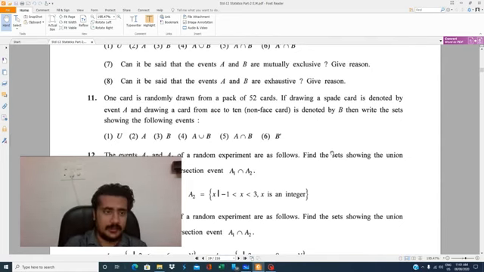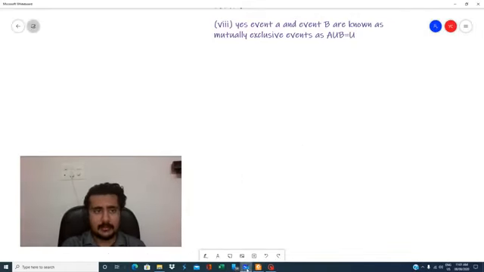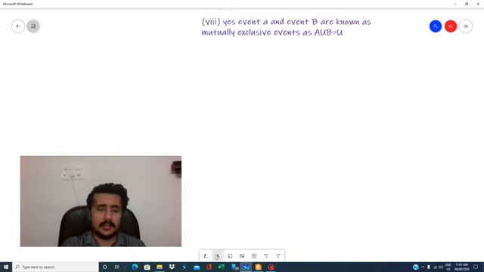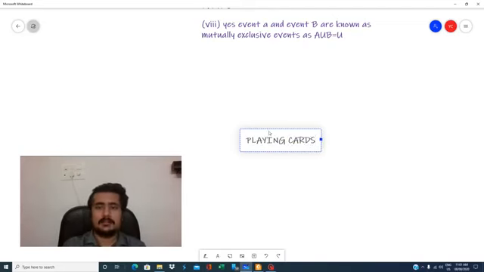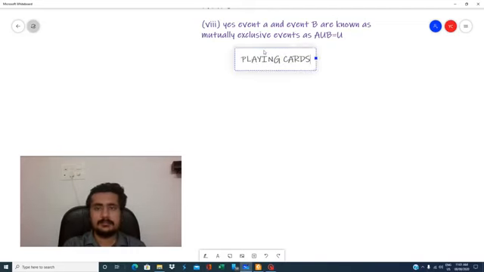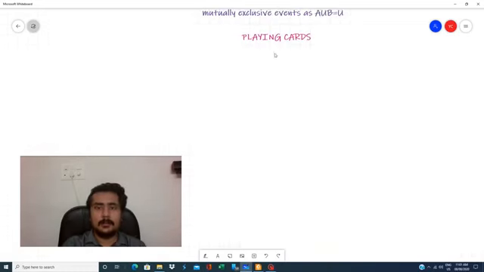So there is some information about cards. Okay, that is playing cards. Before starting this sum, I would like to discuss these playing cards. In total there are 52 cards.